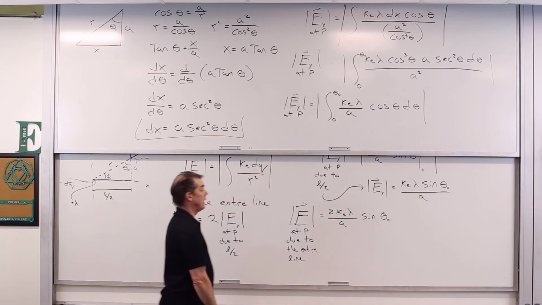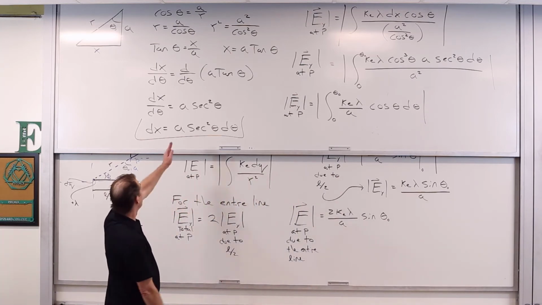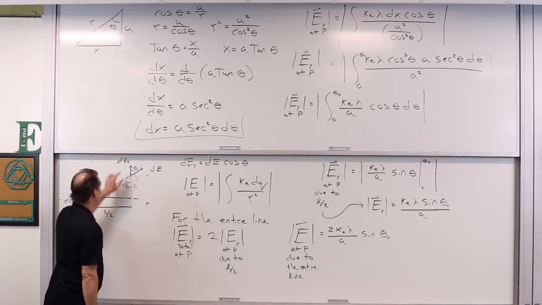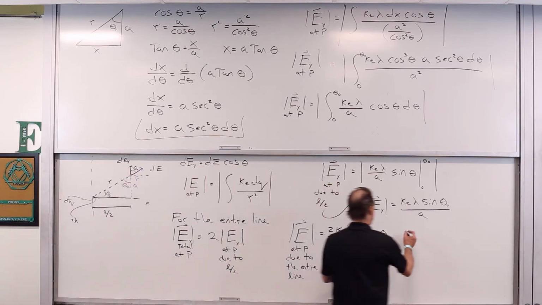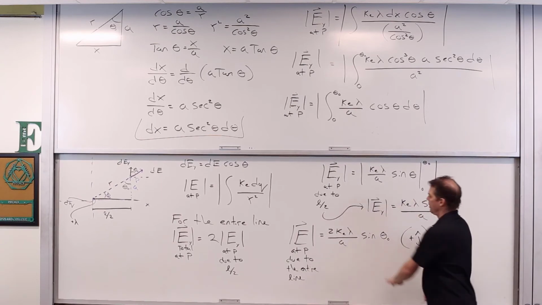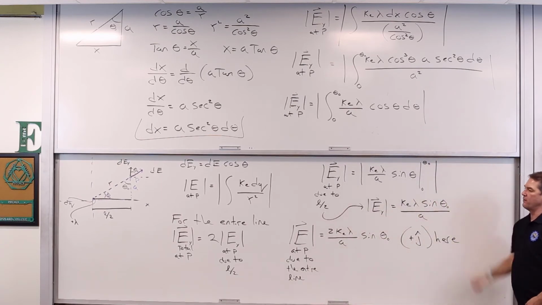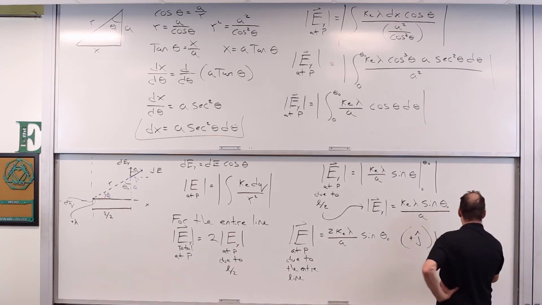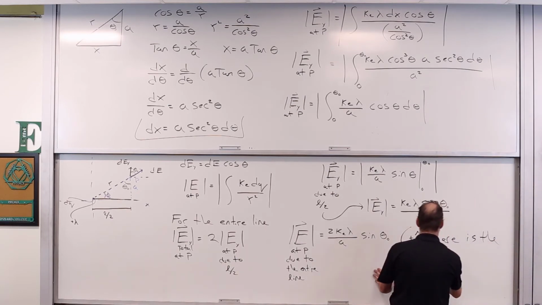And if we wanted to say what direction it is in this particular case, it is in the positive j hat direction. So I'm going to put positive j hat here. Because again, we're above the line, it's a positive distribution. And there we go.